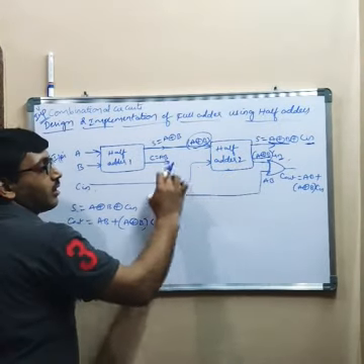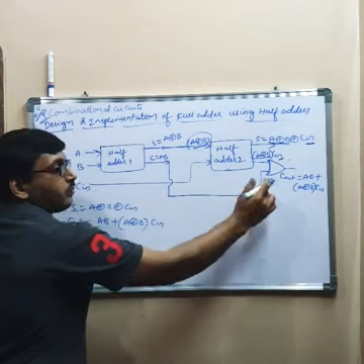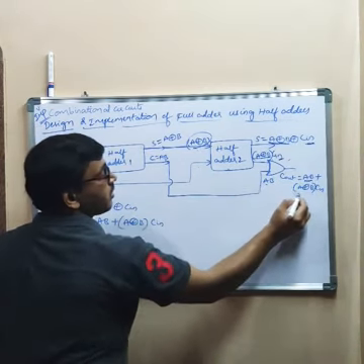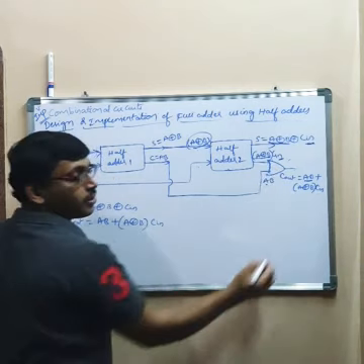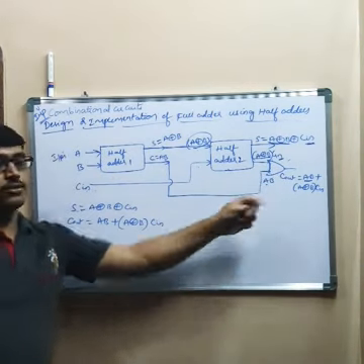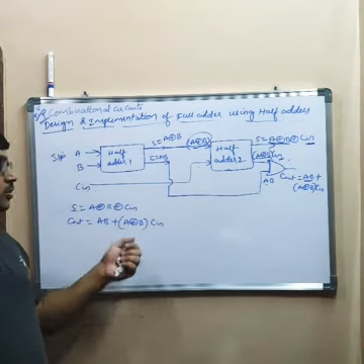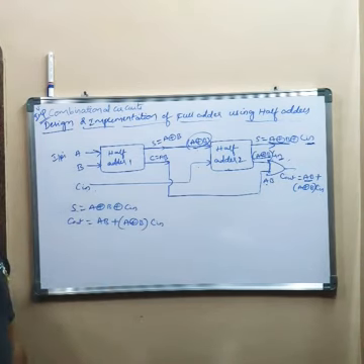These two carries are added, so that this is AB plus this is (A XOR B) into C. We got the final carry out of the full adder. C out is equal to AB plus (A XOR B) into C.